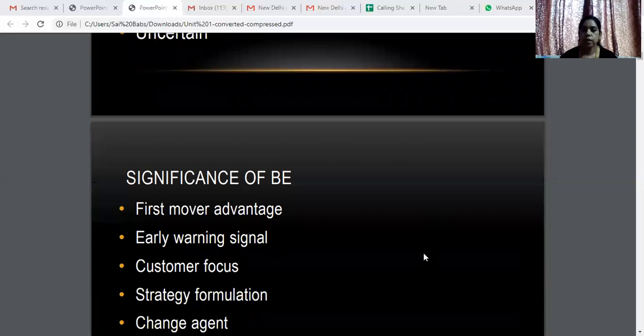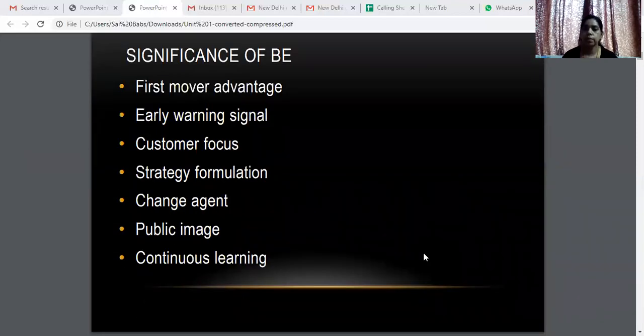The significance of business environment means for a firm, if they understand the environment, what will be the importance for them? First thing is the first mover advantage. Means if one firm can understand the change in demand or the change in environment, they can take the first mover advantage. Then they can read the early warning signal also.